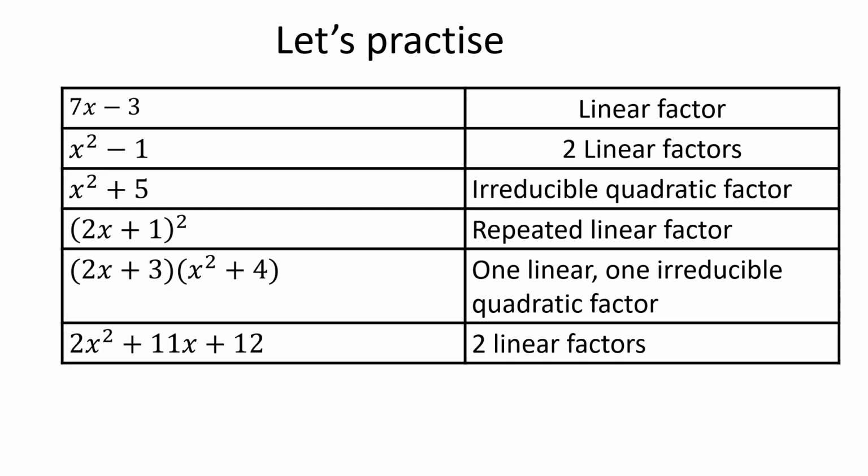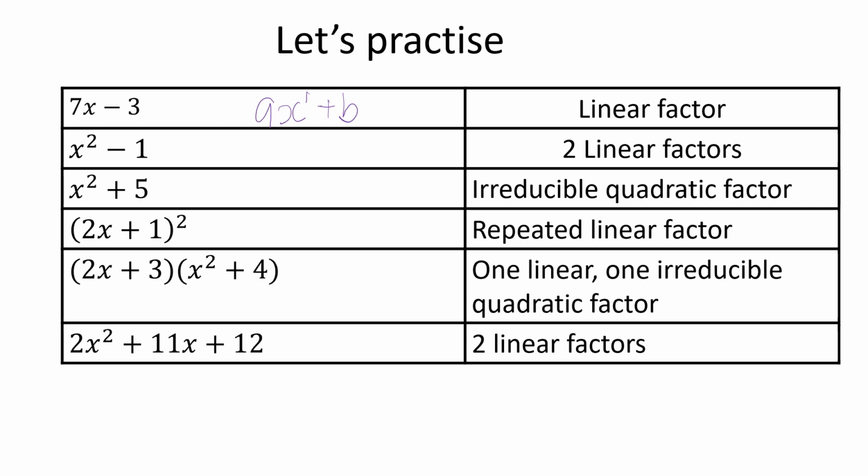Right, so let's practice what we have learned so far. Let's look at the table there. The first example, 7x minus 3. Yes, this is a linear factor because it's in the format ax to the power of 1 plus b.